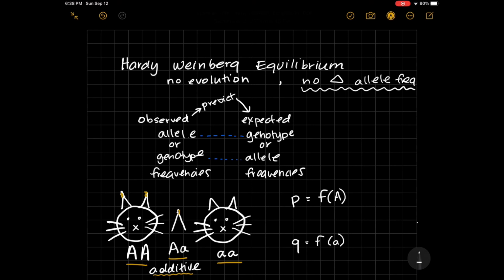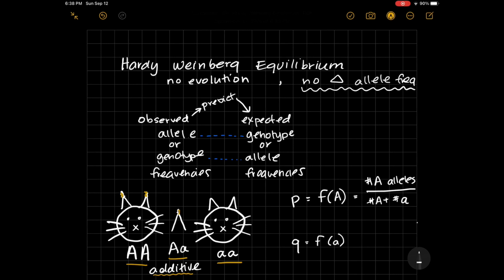So what is a frequency? A frequency is just the number of the observed over the number of the total, the number of your particular category over the number of your total. So let me just write that out here. So our number of A alleles over the number of total alleles, so number of A plus little a alleles.